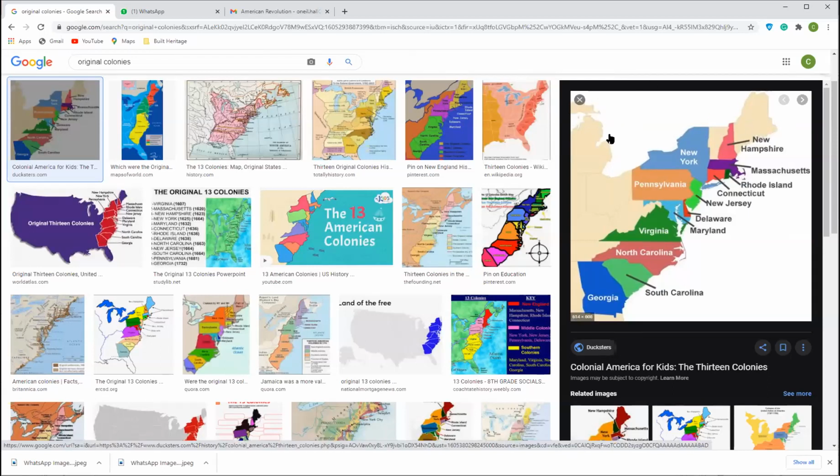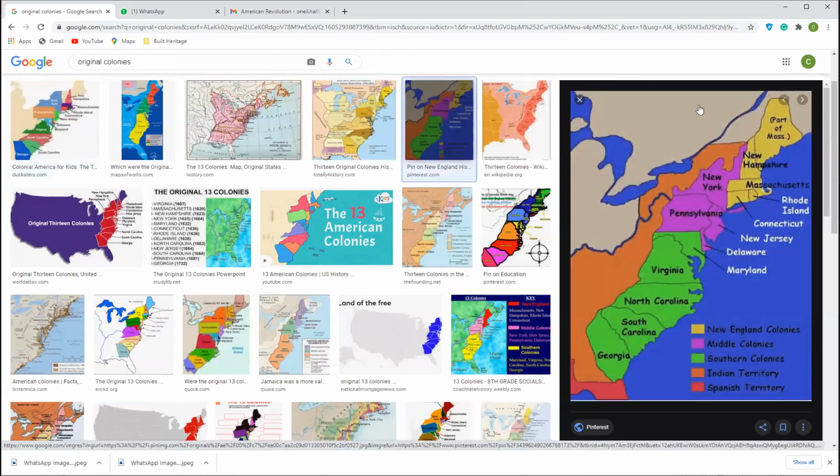Leave the Western land, because the Ohio River is along here. Leave all of this area for the Indians that we would have captured when we fought against the French and took over.